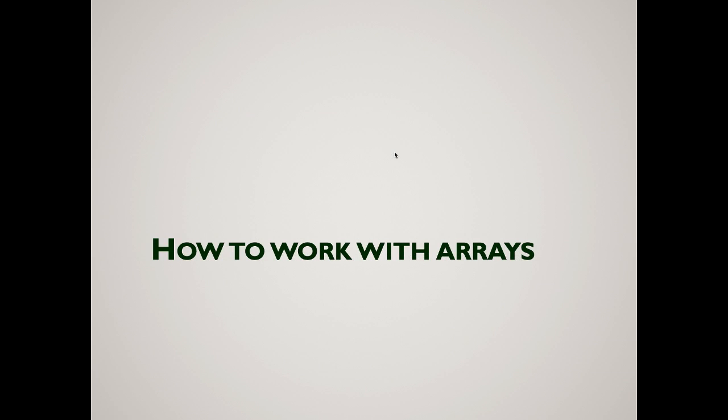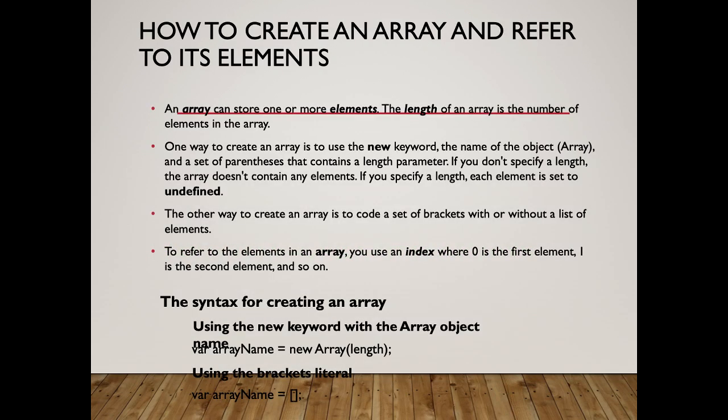Nope. So working with arrays, an array is the ability to have multiple elements of something just in one variable. Kind of think of it like a container. One way to create an array is we can use the new keyword followed by the object of array, as well as you can also just use square brackets. Both are totally valid.